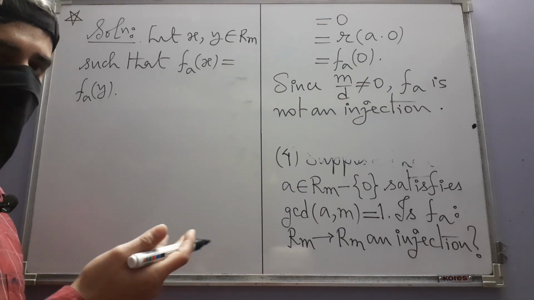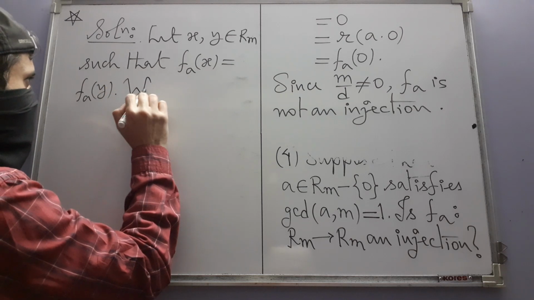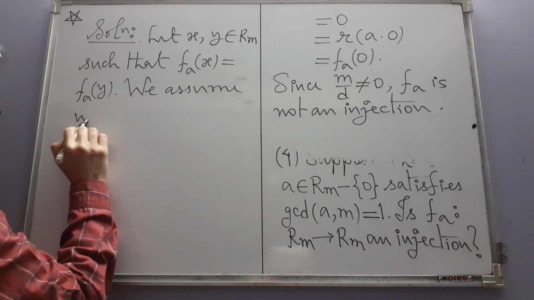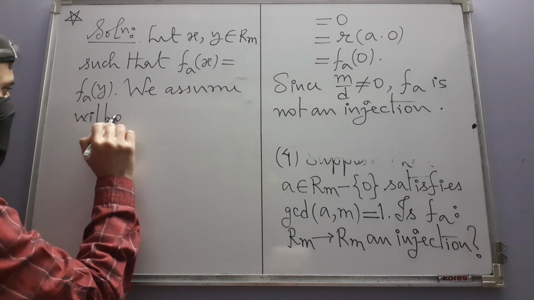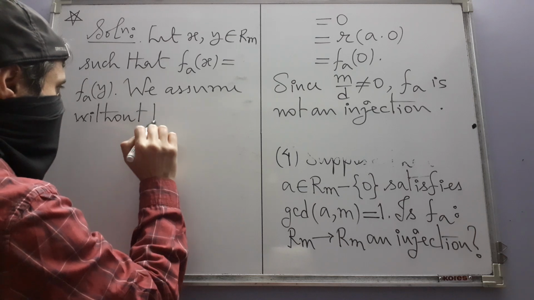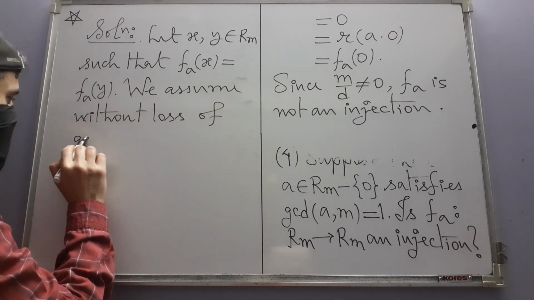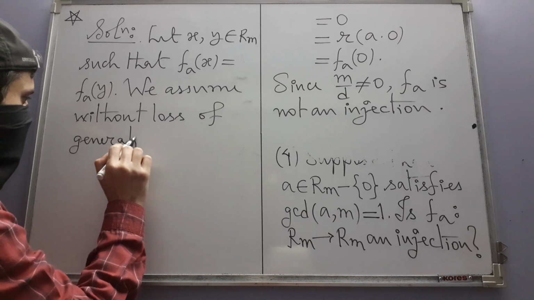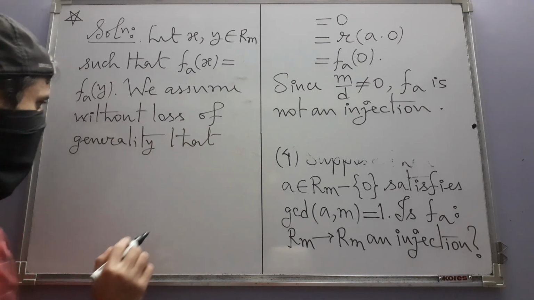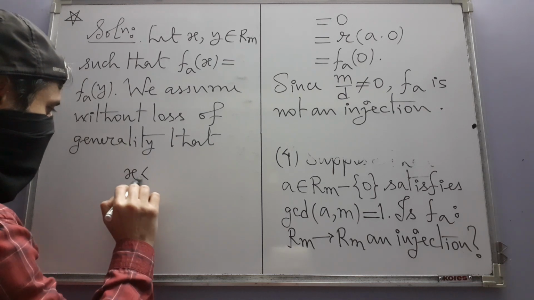I mean, one of them will be less than or equal to the other. Without losing generality, that x is less than or equal to y.